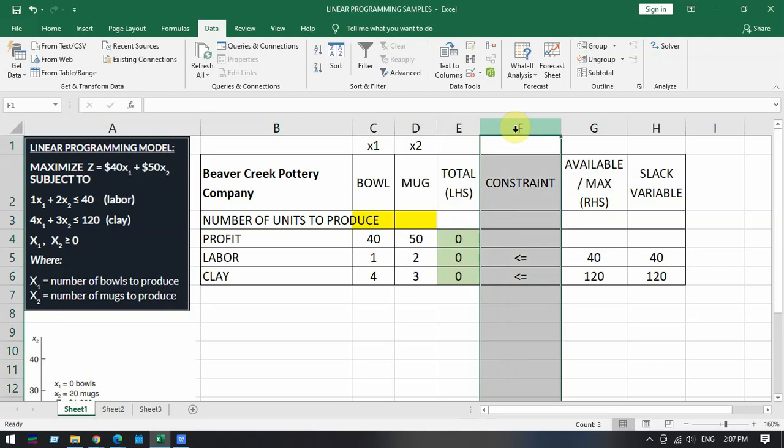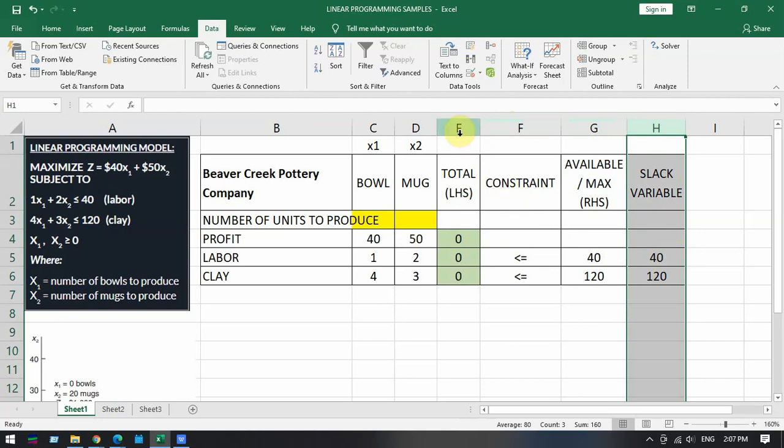And then we have our constraint equation column, which will be our guide. And then our available or maximum resources column. And then our slack variable column. Okay? So, by the way, for this, you see here LHS, and then RHS. LHS means left-hand side.